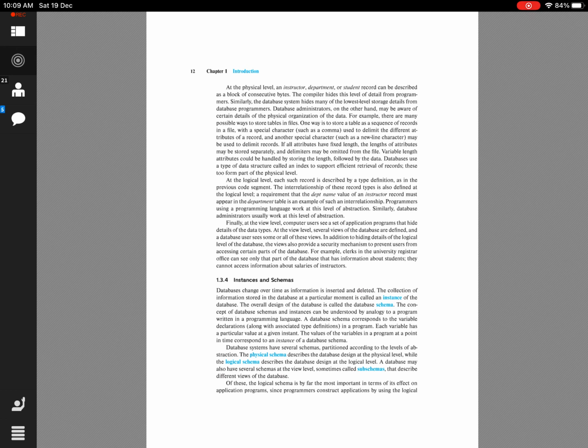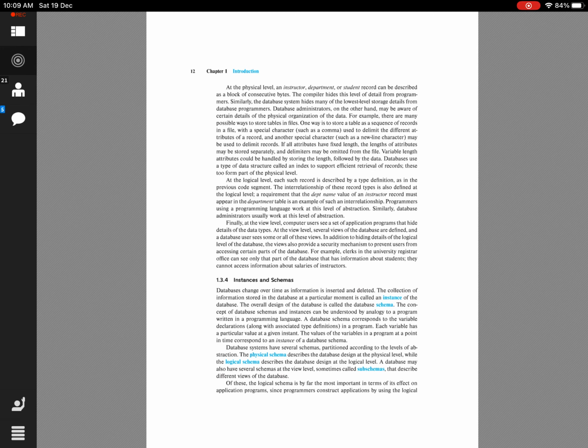Databases change over time as information is inserted and deleted. Okay, we know all about it. The collection of information stored in the database at a particular moment is called an instance of the database. The overall design of the database is called the database schema.